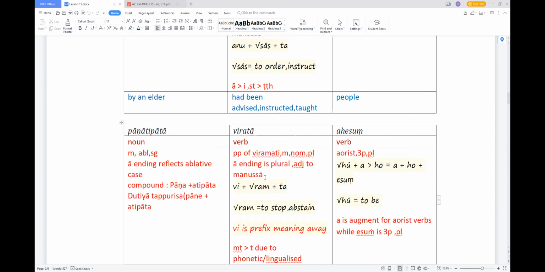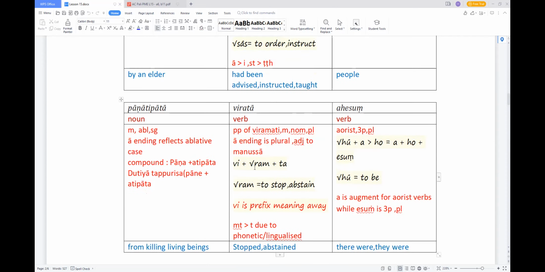Virata comes from the prefix Vi, and the root is Ram, and the past participle suffix is Ta. Ram means to stop or to abstain. Vi is a prefix meaning away. With Ram and Ta, the M is elided due to the lingual, so it becomes Virata instead of Viramta. So now you have this past participle, meaning stopped or abstained.